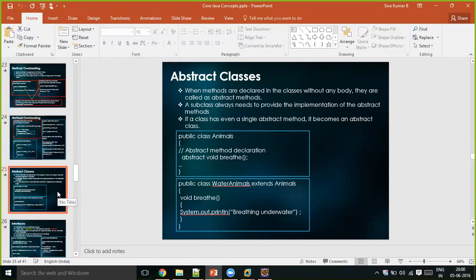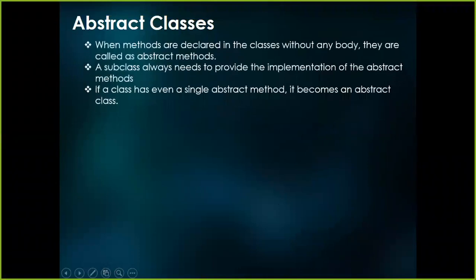So now, moving on to the next topic: abstract classes. While declaring classes, sometimes you might be declaring the methods, but you might not be sure what to write in that method.